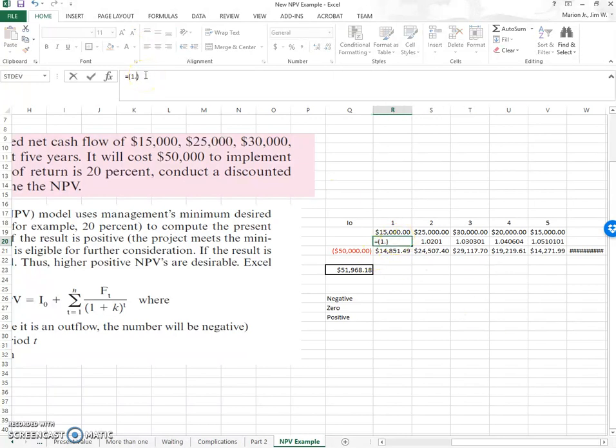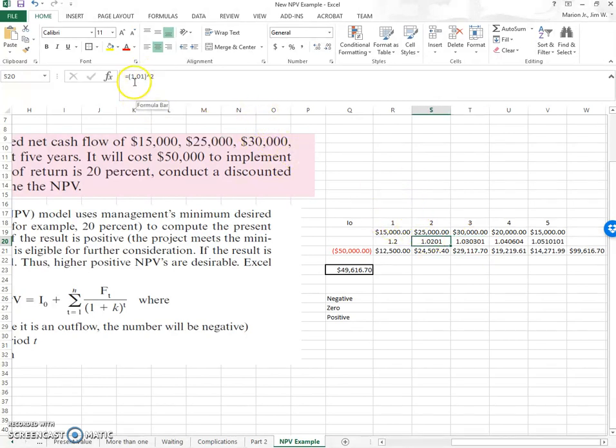All right, now let's talk about inflation. So let's go back to the original discount rate, which was 0.2, which means just a 20% discount rate. All right, I'm going to go ahead and copy and paste this in so that all of these have 20% discount rate.